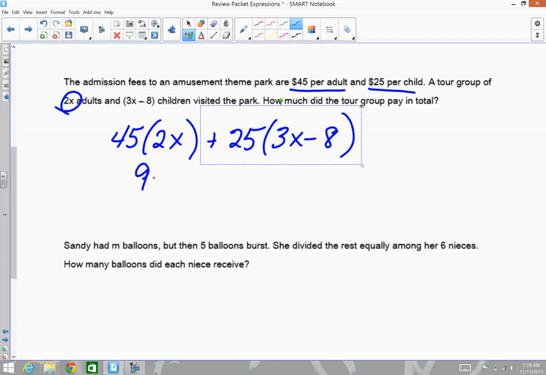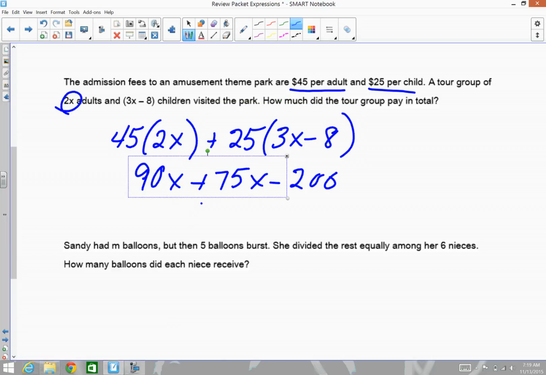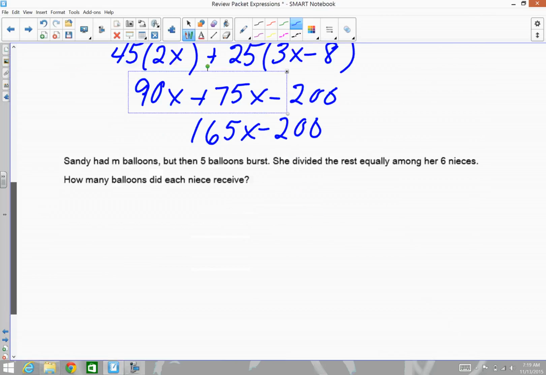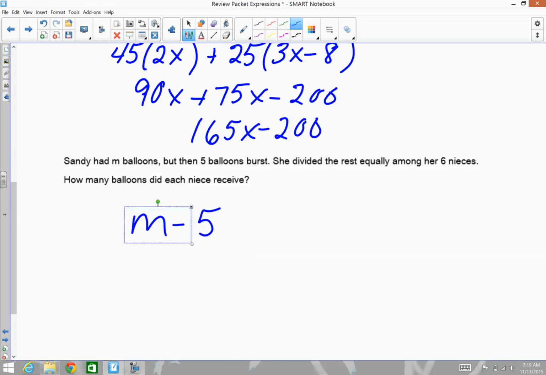I chose to, so I did 90x plus 75x minus 200, which gives you 165x minus 200. For this one, Sandy had M balloons, but 5 bursts, so we take away 5, and she's dividing the rest equally among 6 nieces. So we divide by 6, and we're done.